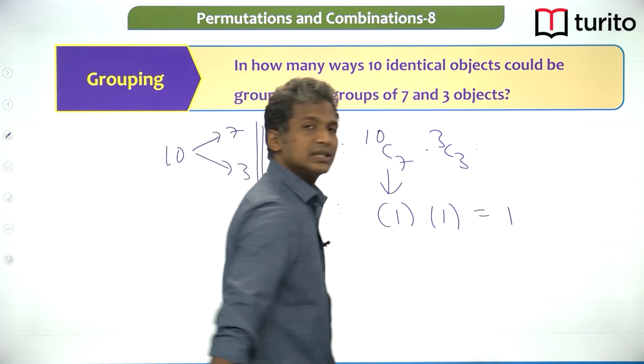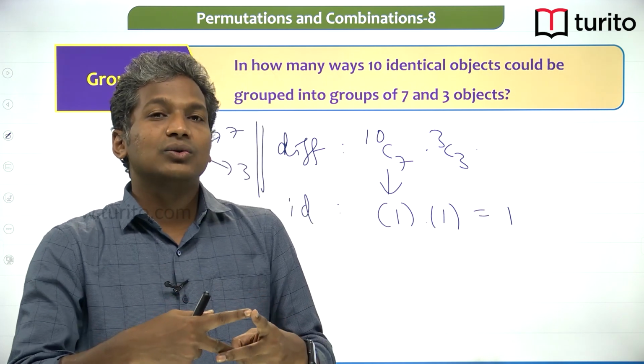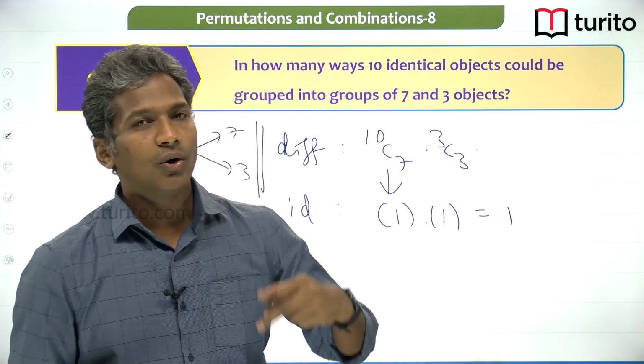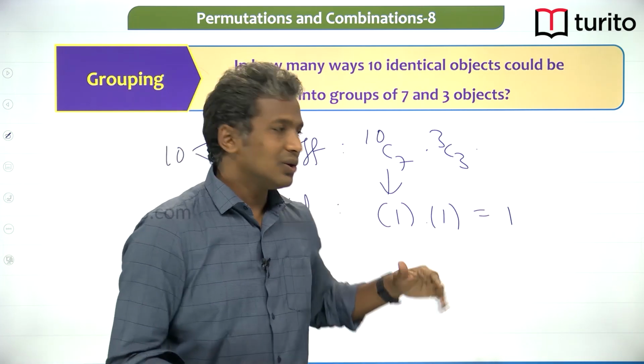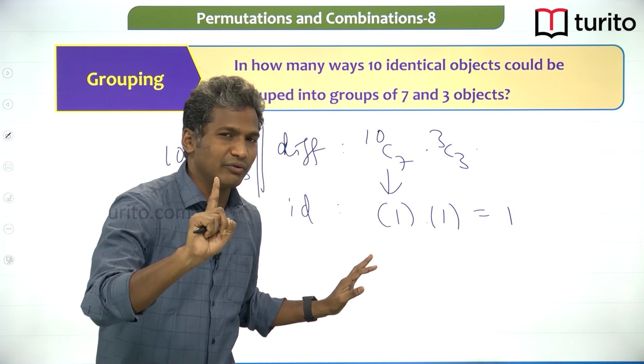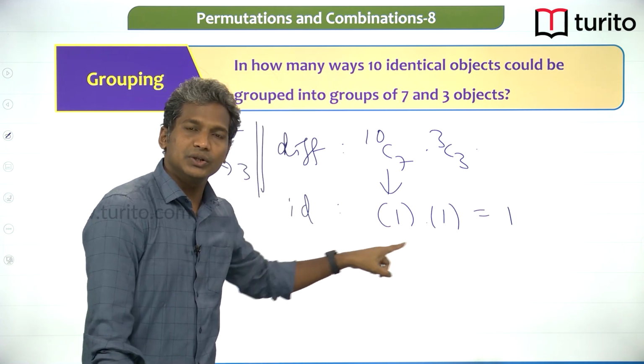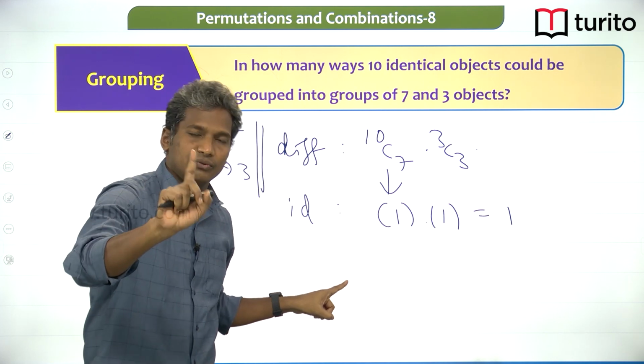So, what is the answer? It is just one way. Now, no matter whether groups are going to have equal number of objects or unequal number of objects, always the total number of ways of grouping is going to be one way only. So, remember, if identical objects come, your grouping ways are going to be only one way, okay.